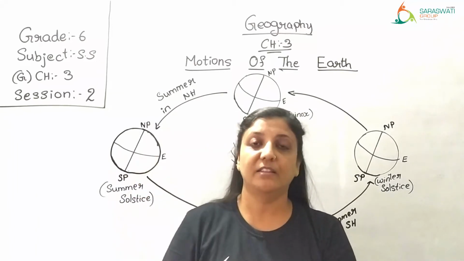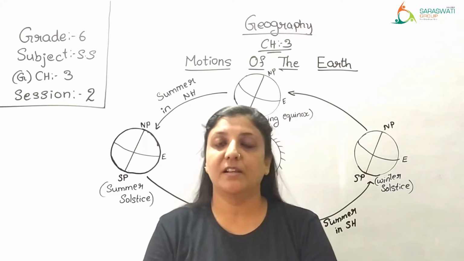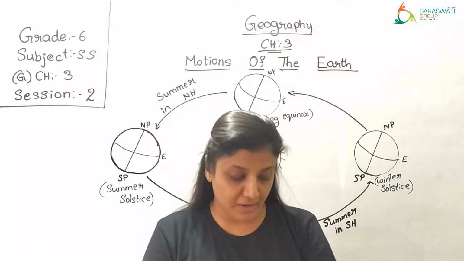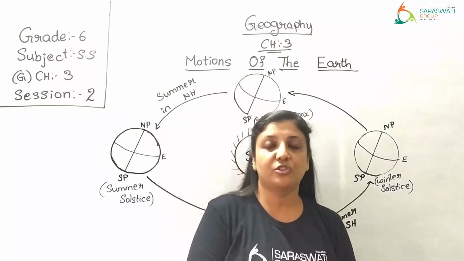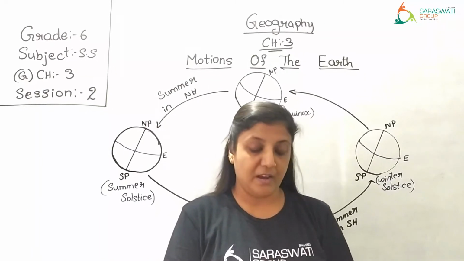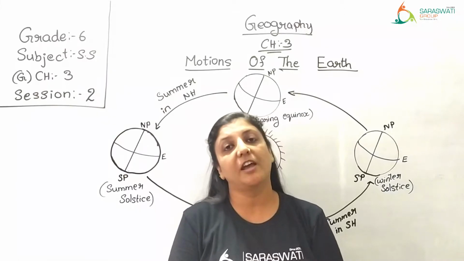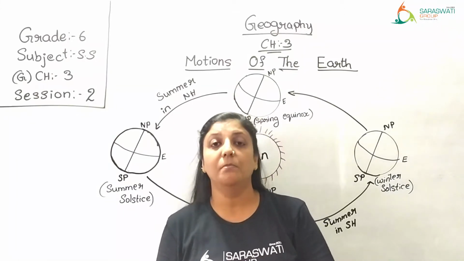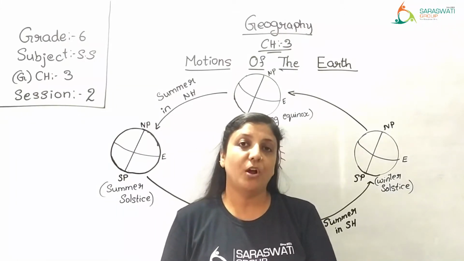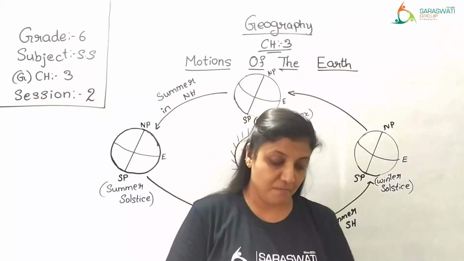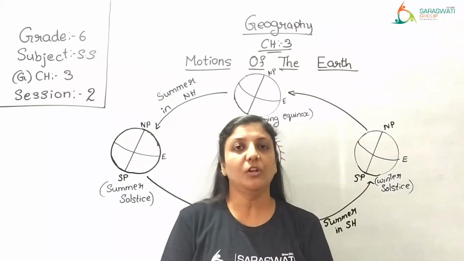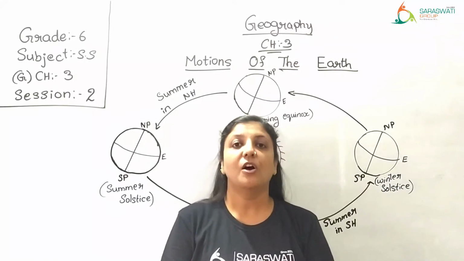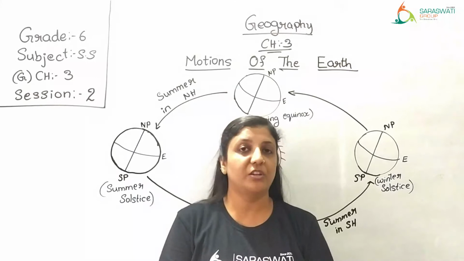And the earth rotates from west to east, and that is why we feel that the heavenly bodies move from east to west. So all these changes are due to the rotation.